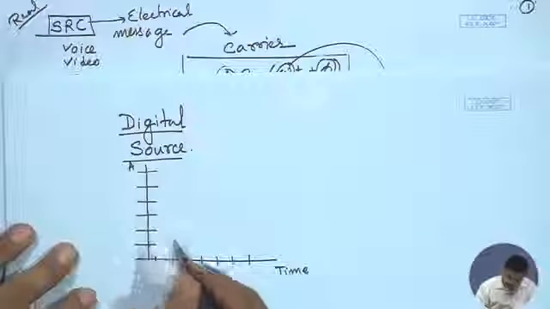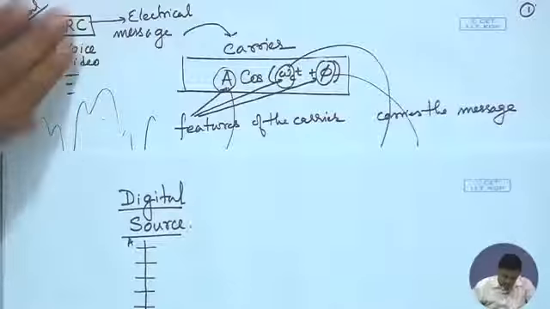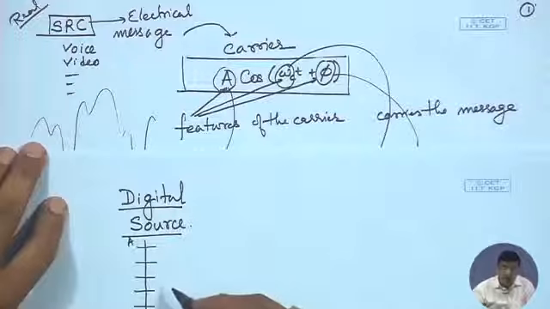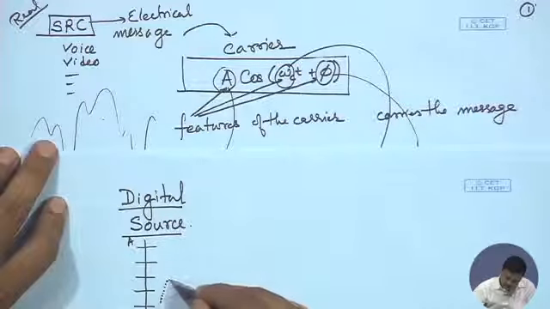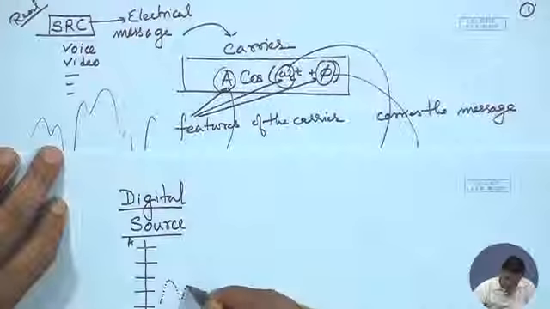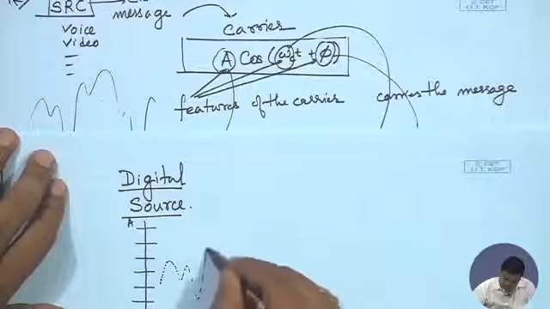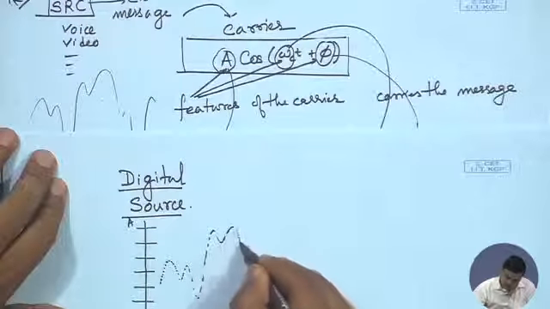That means suppose I take this particular picture and I draw it here. It may not be exact, but it's somewhat similar to what we have.